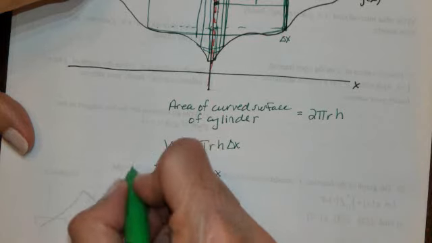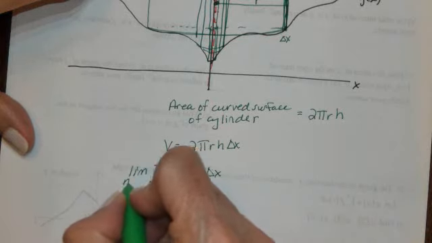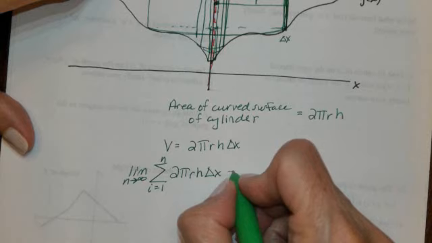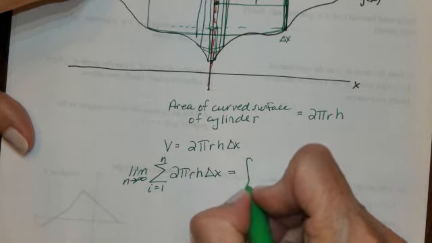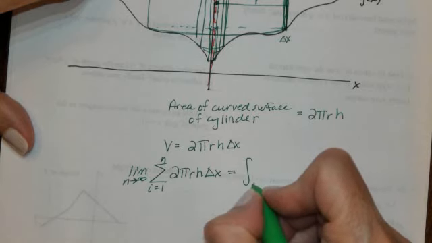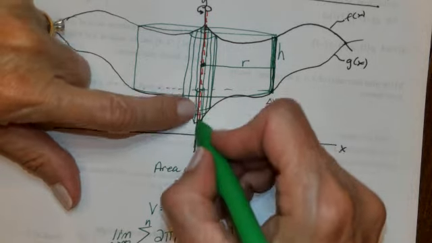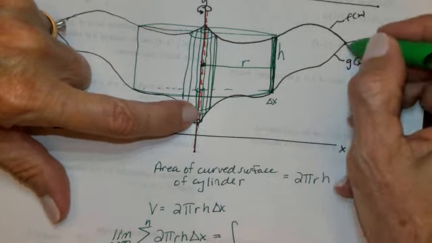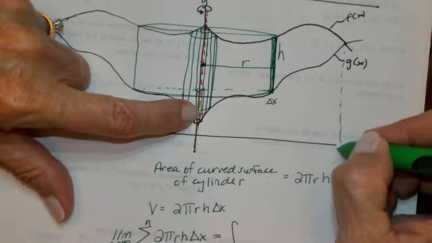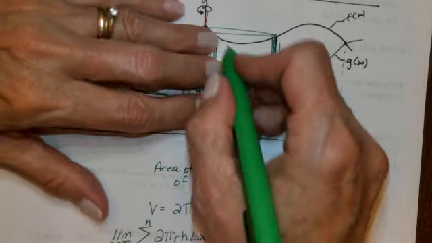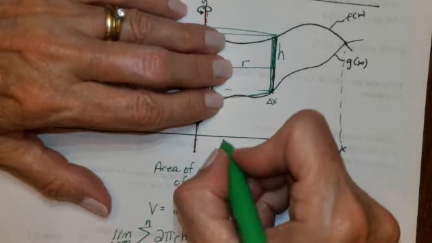And then we want to let the number of cylinders go to infinity, right? This will give us the integral from where to where? In this case, it was going from 0 to whatever this x value was, right? In general, though, we could have started out here at some other x equals a.